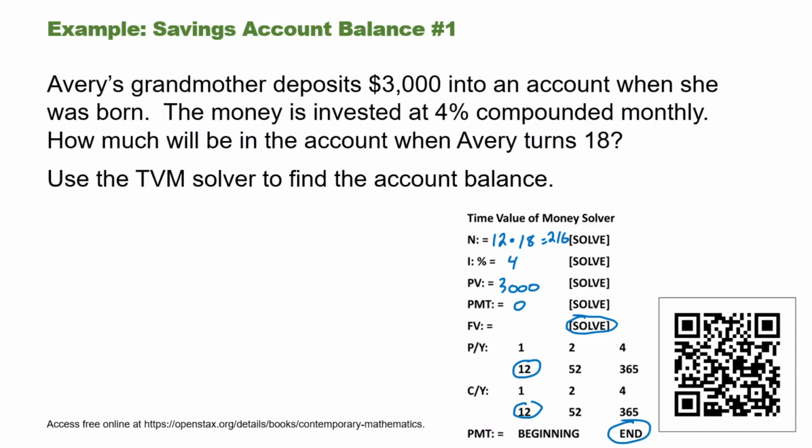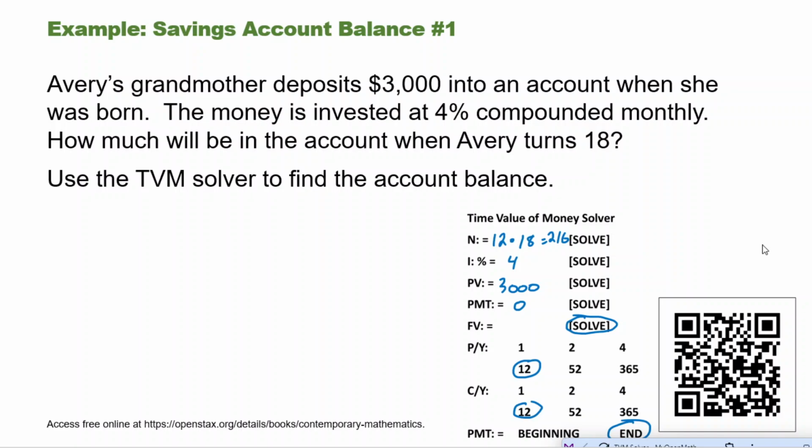Because there is no payment, that does not matter. Now let me just remind you again, when you look at P/Y and C/Y, we have options of 1 for annual, 2 for semi-annual, 4 for quarterly, 12 for monthly, 52 for weekly, and 365 for daily. That's the number of times a year it's compounded.